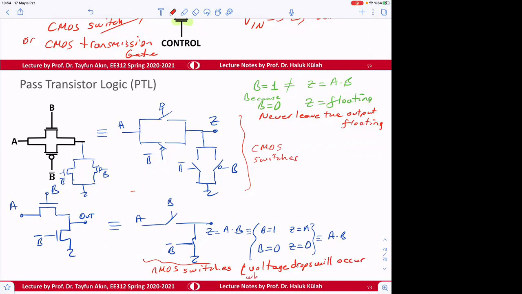When A is high, note that output is going to be VDD minus VTN for that case. So you can notice and then do this one.